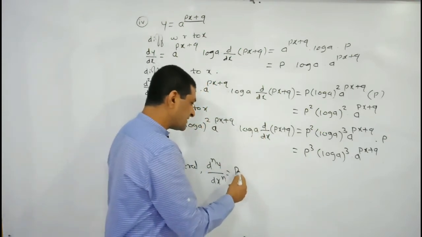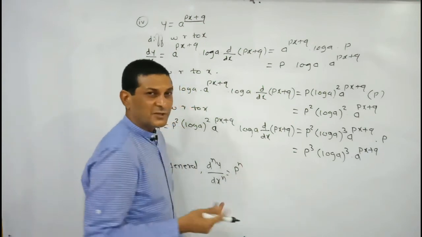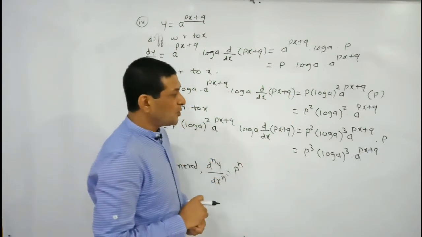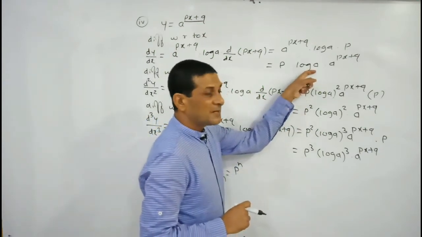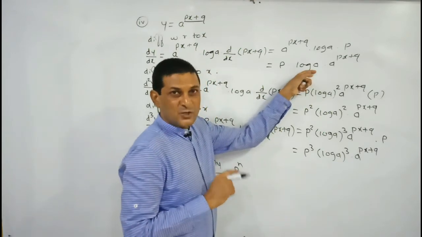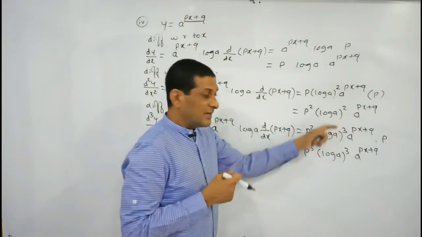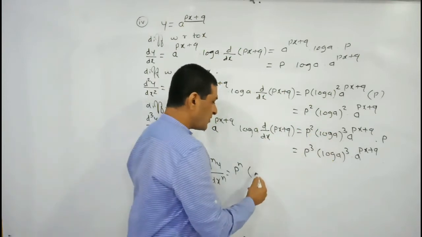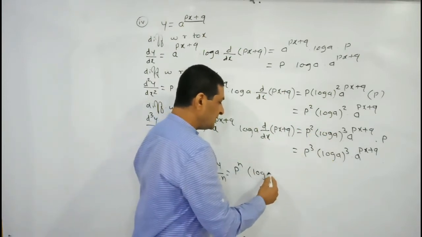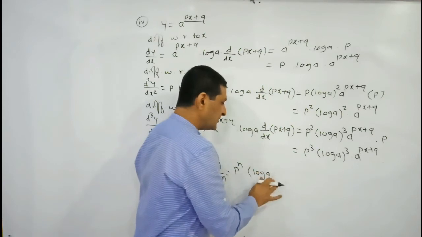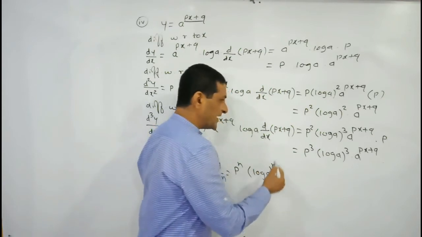So we can say that in the nth order derivative the power of p will be n. Now observe the power of log a. It is 1 in the first order derivative, 2 in the second order derivative, 3 in the third order derivative. So in the nth order derivative we can easily say that the power of log a is n.